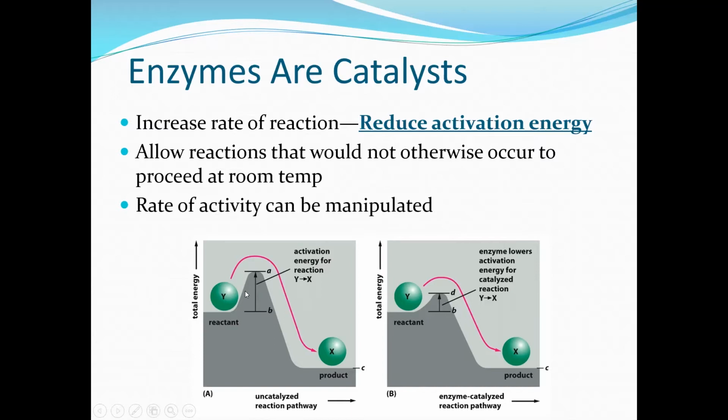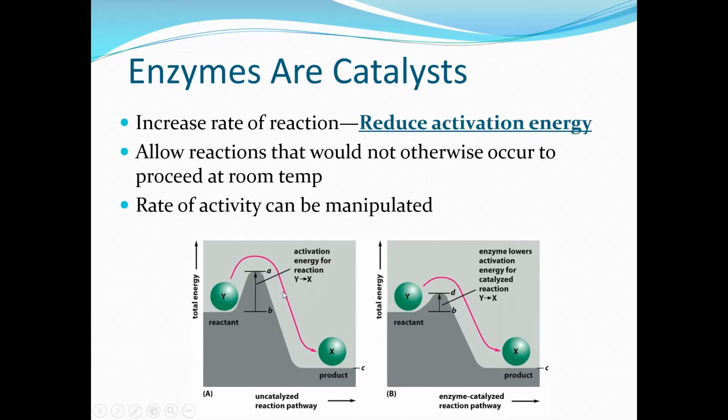And this is where enzymes come in, because enzymes will actually lower this activation energy. When you add an enzyme, you're lowering the activation energy, making it easier for these reactions to occur. So it requires less energy in this figure to push these molecules to a point where they will naturally go to a lower energy state. Another way we can think about this is the frequency of the reaction occurring as well.